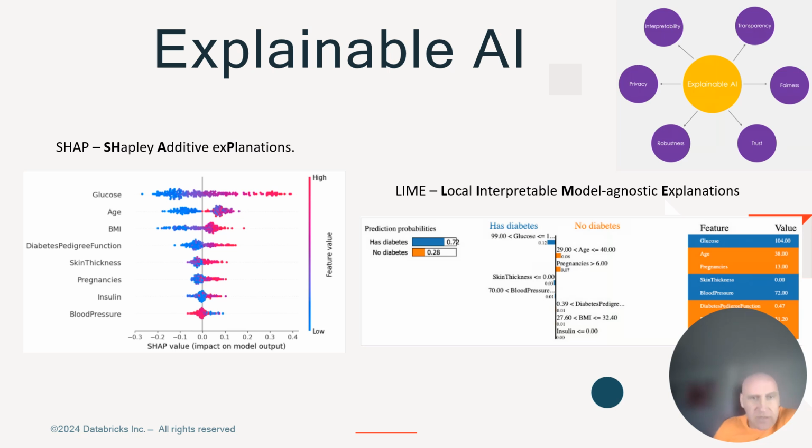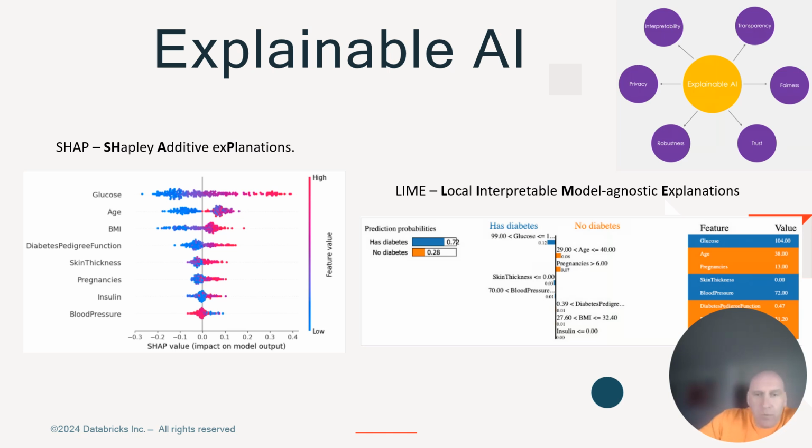You can see, for example, a graph about a medical model that looked at glucose, age, and BMI to arrive at a decision on who has diabetes and who hasn't. You can see how specific data points are spread across the feature value graph, and the impact on the model output based on a specific feature.